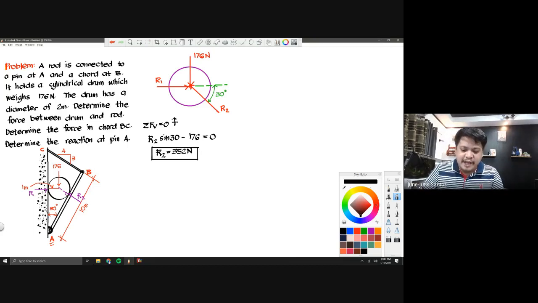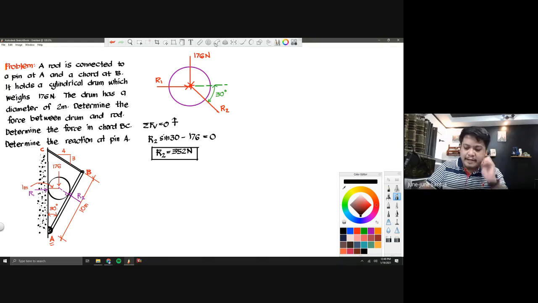Determine the force in the chord BC. Okay. Ayun. Yun yung chord BC, no? Now, ang gagawin ko para malaman yon, okay, i-isolate ko naman yung member AB ko. Okay.